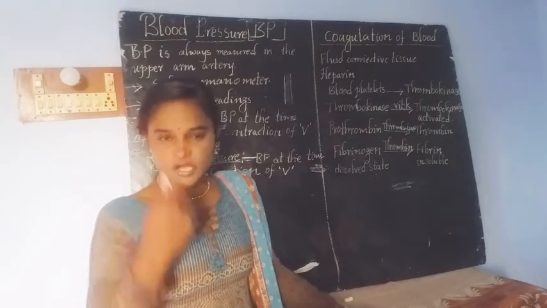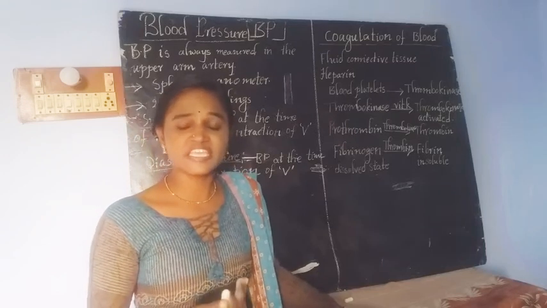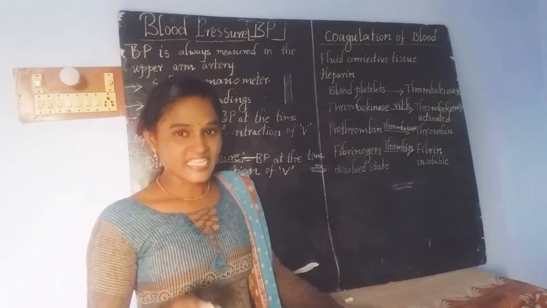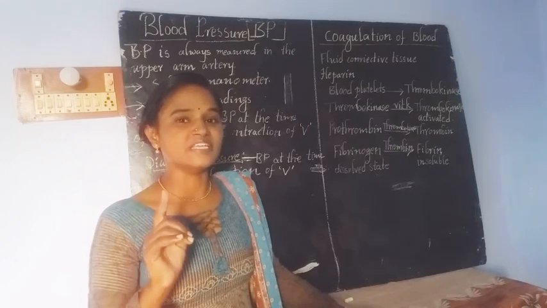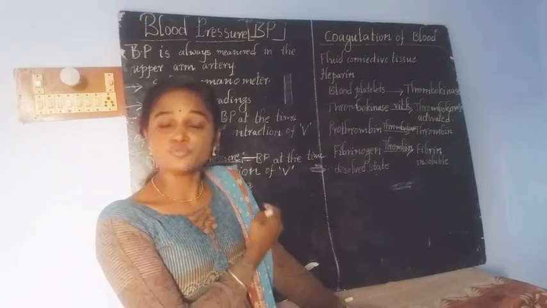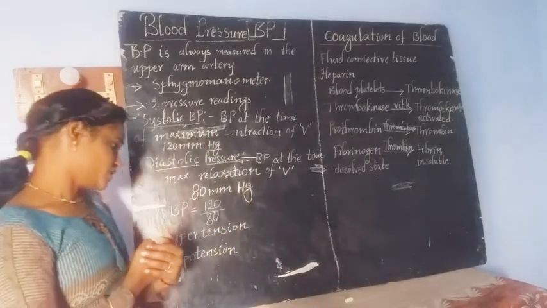In different areas of our body, we can find different readings of BP. But a standard BP reading should be taken near the upper arm, and that is taken by the doctors.